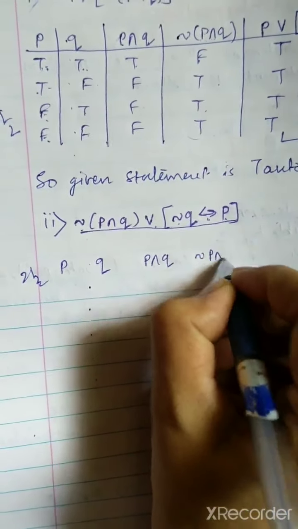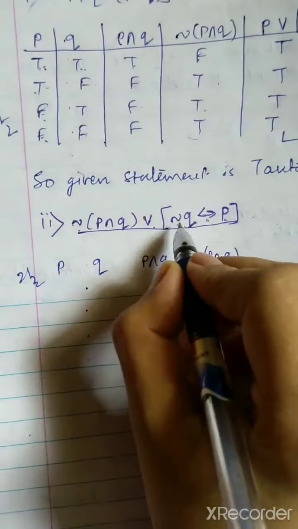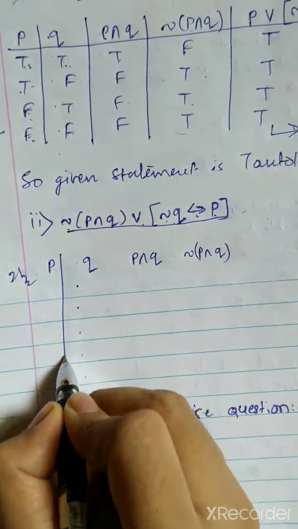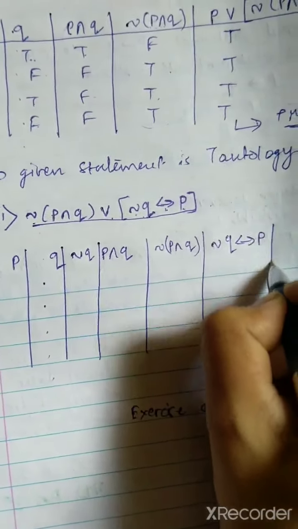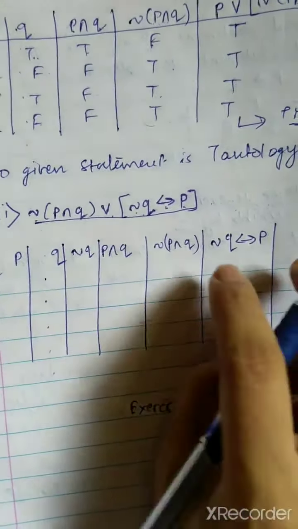So negation of P and Q, and here we want negation of Q. Now negation of Q, we have to double implicate with P. Okay, so this is complete, and in the middle there will be OR.